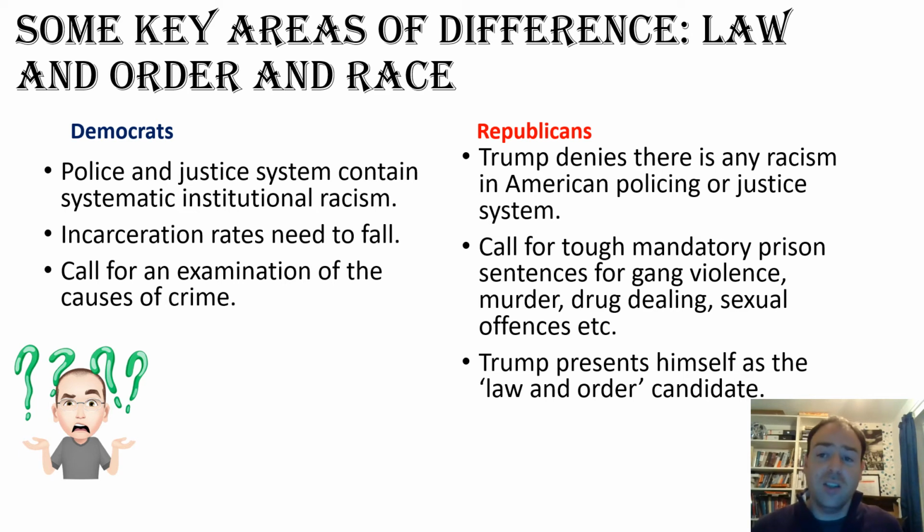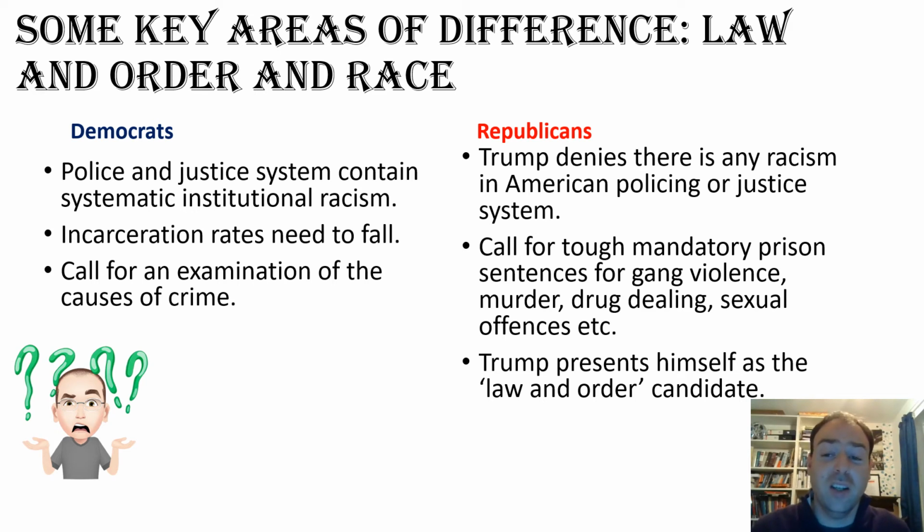Now, Trump denies there is any racism in American policing or the American justice system. He and the Republican Party call for tough mandatory prison sentences for anything to do with gang violence or murder or drug dealing or sexual offences, and so they want longer prison terms. I mean, Trump very much is presenting himself as the law and order candidate and playing on the fears of the American suburbs about a lawless America that he claims would happen under Biden.